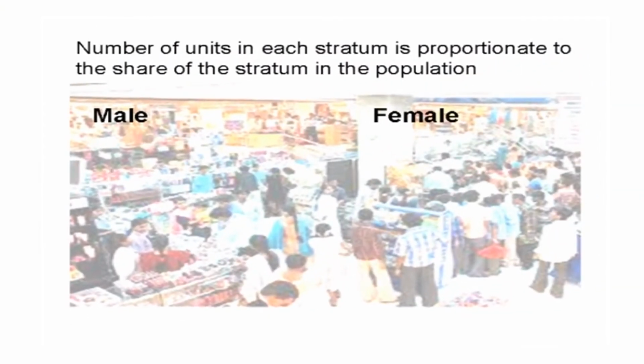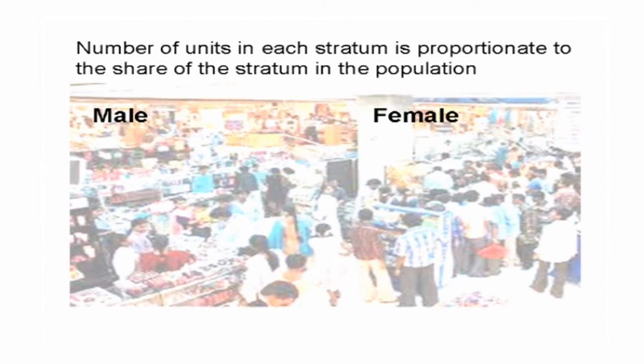In proportionate stratified sampling, the number of units selected from each stratum is proportionate to the share of the stratum in the population. For instance, a study on consumer behavior in a marketplace cannot include an equal number of male and female consumers.